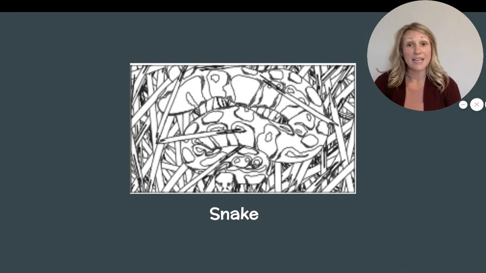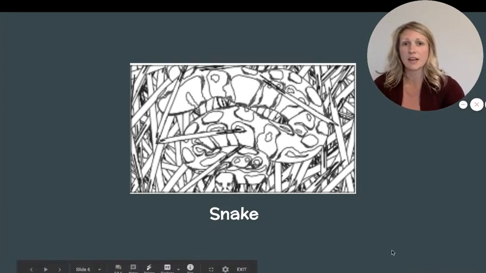That's right. Snakes use camouflage to blend in with their environment, to hide from other predators. They are predators and they hunt other animals, but sometimes there are larger predators that will hunt them. So they use camouflage to blend in with their environment to hunt prey and to keep themselves hidden from predators. Let's take another look at a different animal.